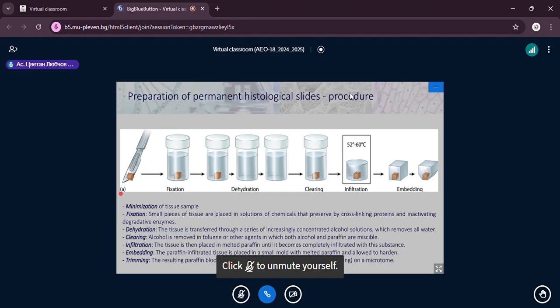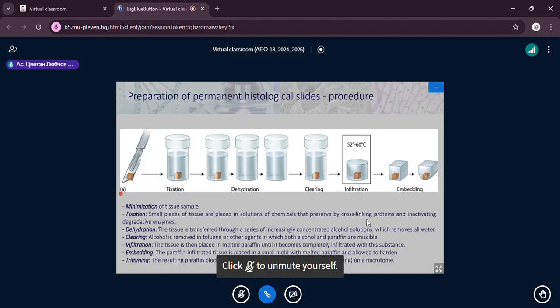Also, if you have water inside the tissue, you can hardly put the paraffin in. You know what happens when you put oil on top of water? They don't mix. They stay in two different layers, they separate. So therefore, we need to do the dehydration.